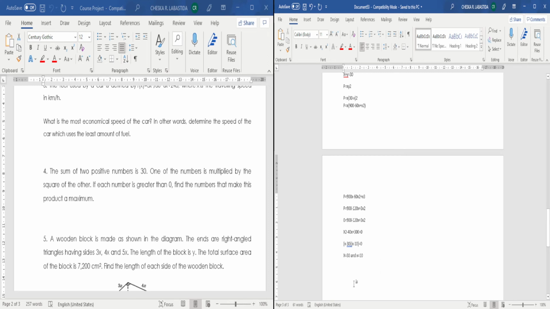If x is equal to 30 and y is equal to 0, because their sum is 30, that's why we need to put that here. And if x is equal to 10, then y is equal to 20.